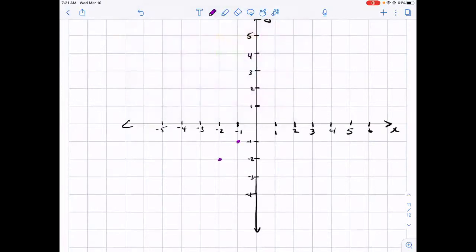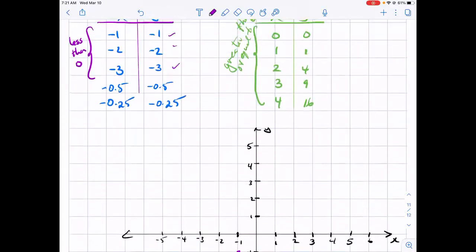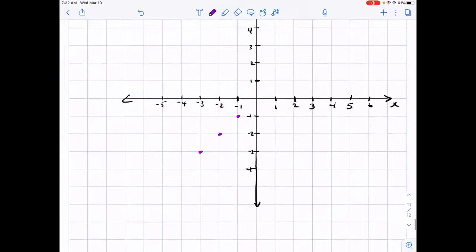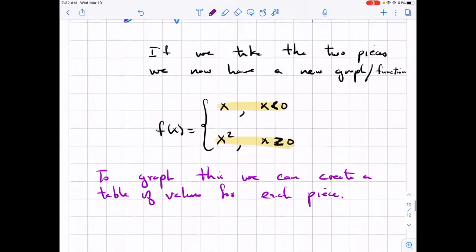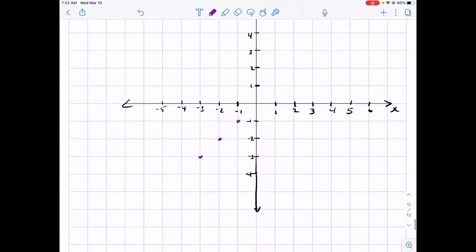At -2, it's -2. At -3, it's -3. These are the points that I'm plotting. So if I connect them, now remember, 0 is not included. So we put a hole at 0, and my graph now goes this way. That's my graph.